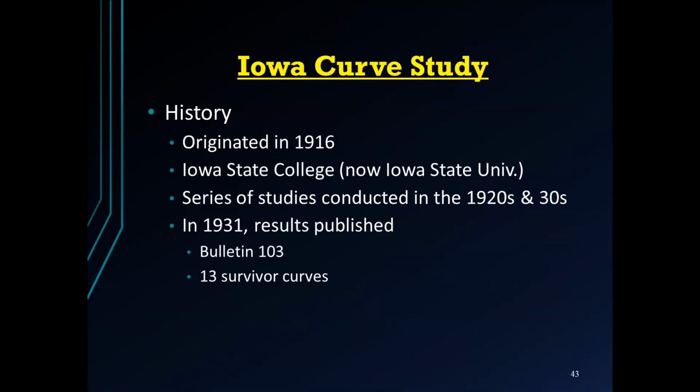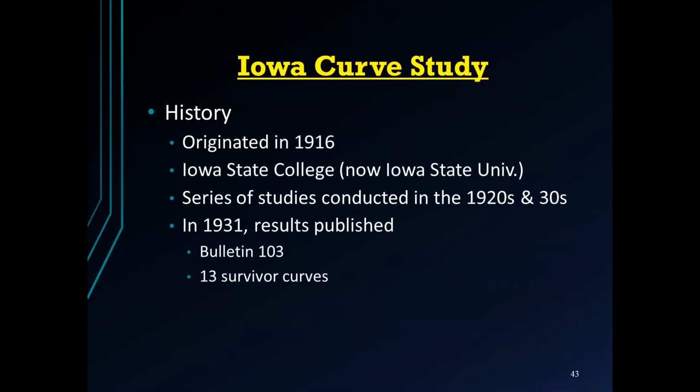So the history of the Iowa Curve study is, it originally started from the engineering station of Iowa State College, which is now Iowa State University. Back in 1916, they started conducting studies for the retirement of specific assets, essentially a mortality study. And this was expanded in the 1920s and 1930s. And then finally in 1931, the results were published in something called Bulletin 103.